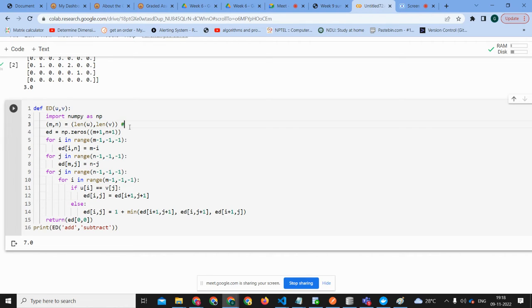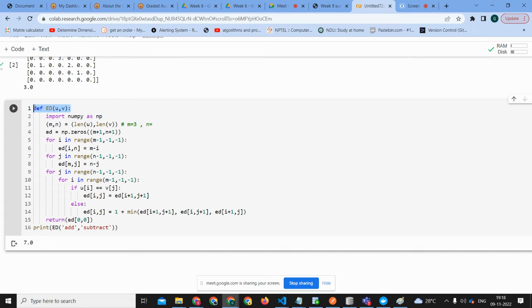All that I want from your side is just read the code. All right. So what is the third line saying? It's M comma N, for add and subtract. Can you tell me what M is? M is 3, right? Mahi, are you following? M is nothing but the length of U. U is the first word that you are passing inside, right?